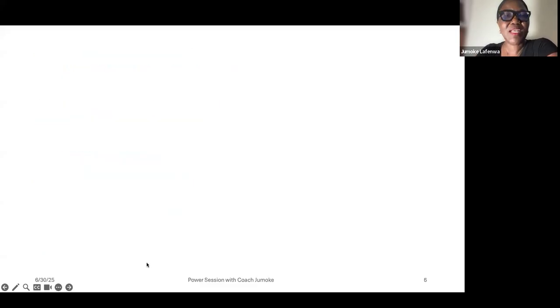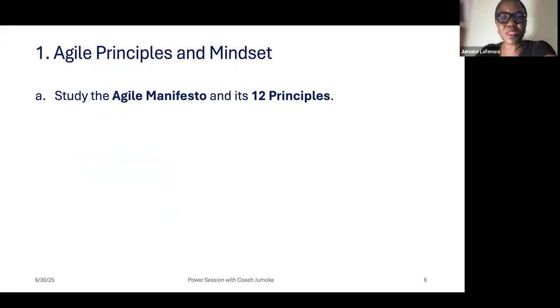All right. So 1, agile principles and mindset. By now, if you are preparing for the PMP exam, you must study the Agile Manifesto and its 12 principles. The Agile Manifesto will give you the 4 values. You should know that. And the more you read the manifesto or the values, the more it makes sense to you.